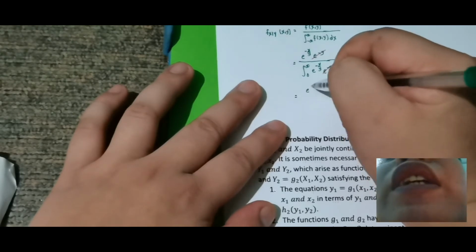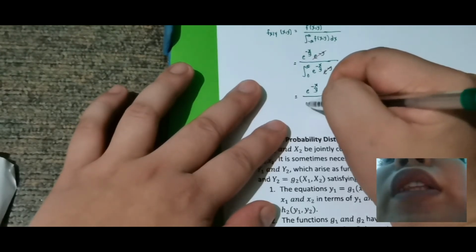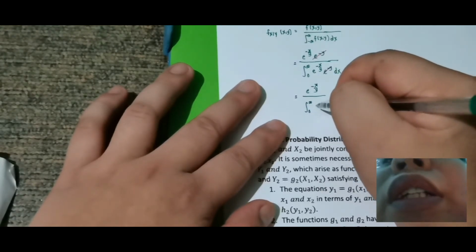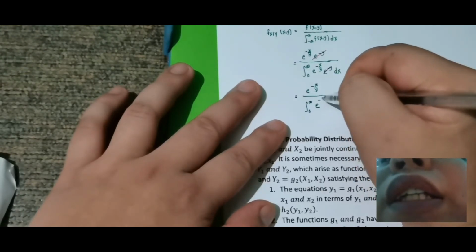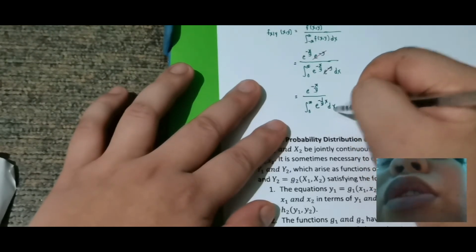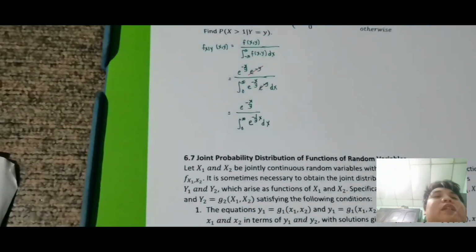So this is just e raised to negative x over y, all over the integral from 0 up to infinity of, again gagawin ko, e raised to negative 1 over y x dx. So lumalabas na constant yung e raised to negative 1 over y dyan. Okay, so pag in-integrate mo yan, bababa siya, magiging negative y.